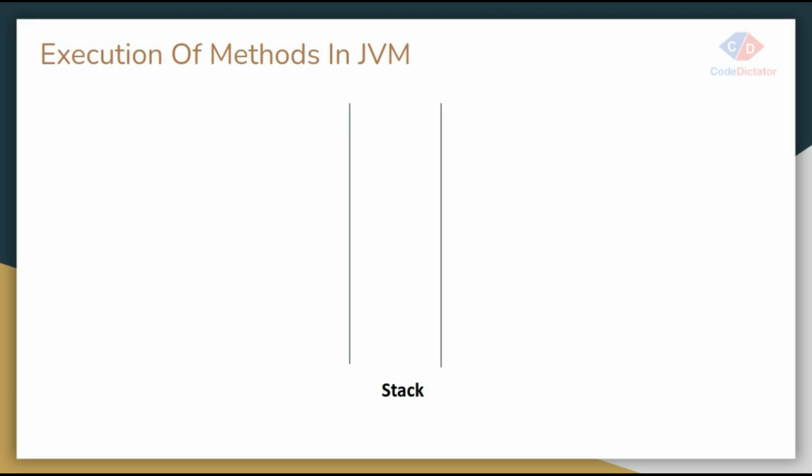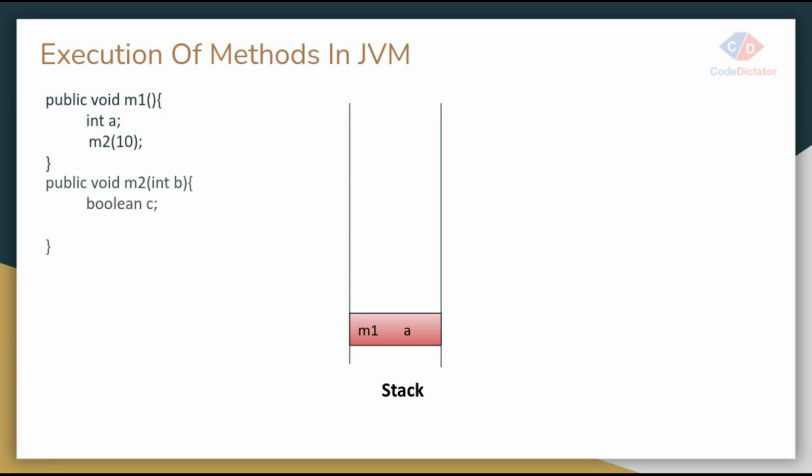So this is my stack memory. Initially I created one method, public void m1, that is my method name, which has one local variable a. If you see, m1 and a both are stored in the stack memory. Then I called another method, m2, and I am passing one parameter, that is 10.